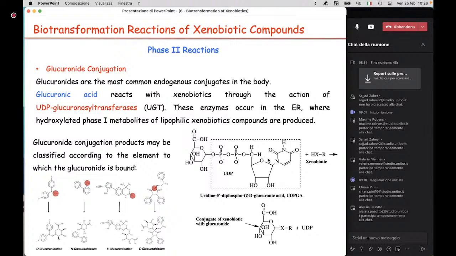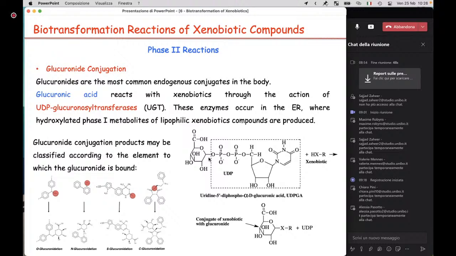The basic structure is the same, except here we have an uracil instead of adenine. But the structure of the molecule is exactly the same as ATP, or better in this case, ADP, because we have two phosphate groups. And then instead of the third group of ATP, we have the glucuronic acid molecule.